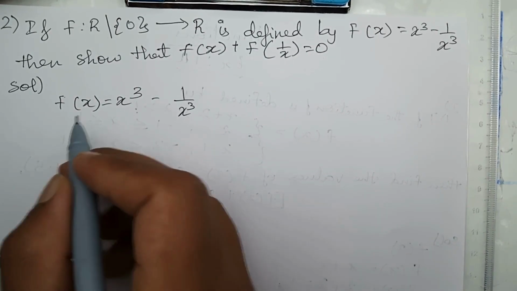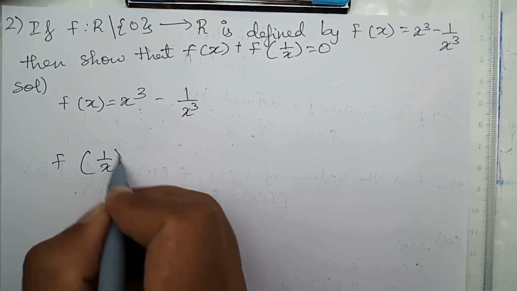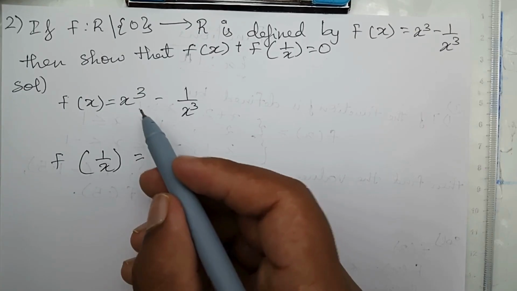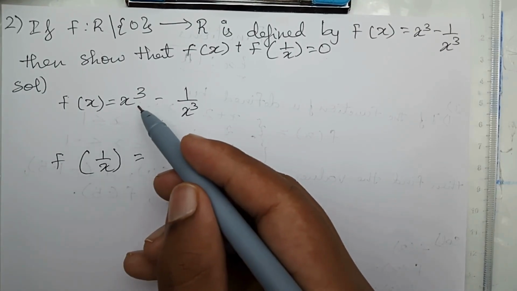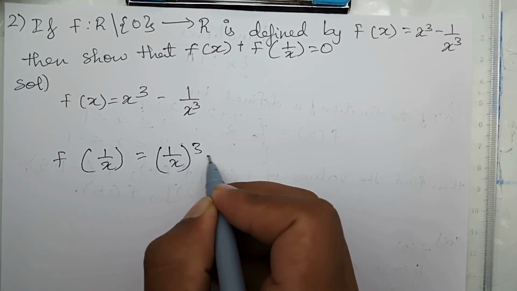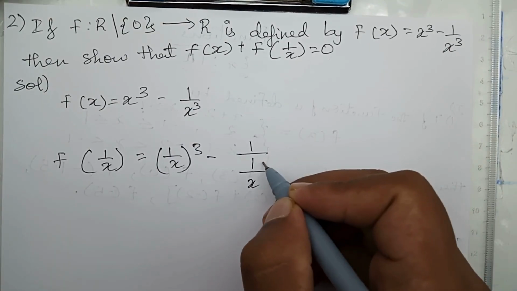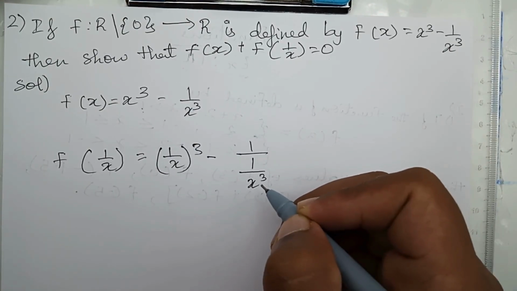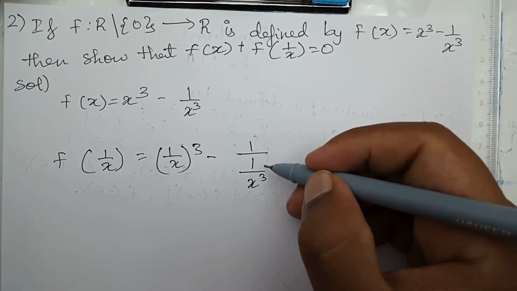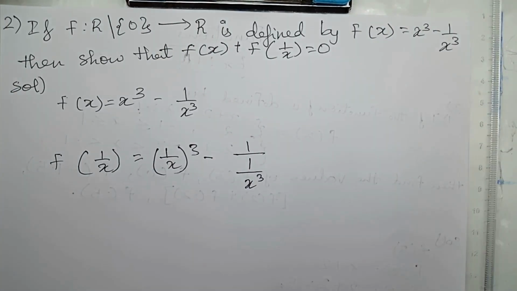For f of 1 by x, we should substitute 1 by x in the place of x. So for this, 1 by x cube minus 1 by x cube. Here we can give the cube for the whole, but if we take the whole also, 1 into 1 into 1 is 1, right?